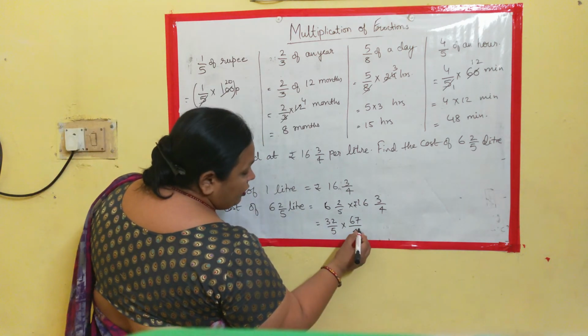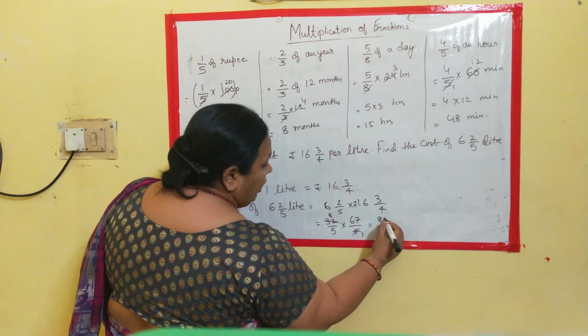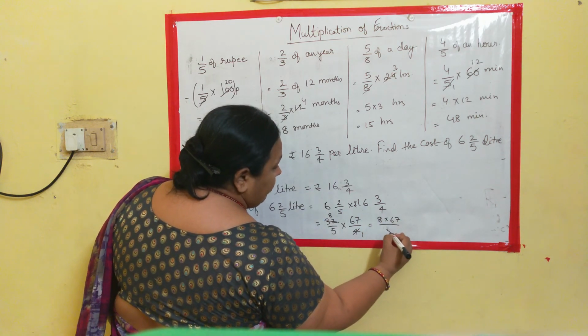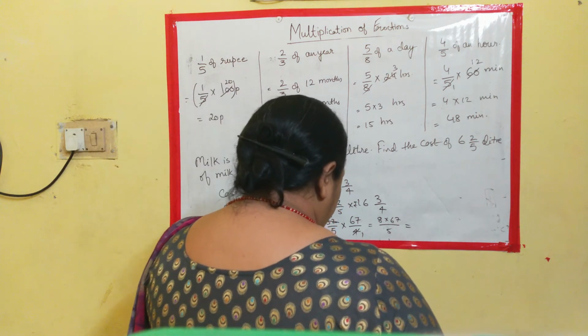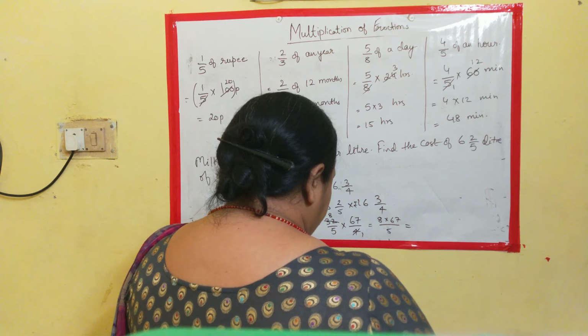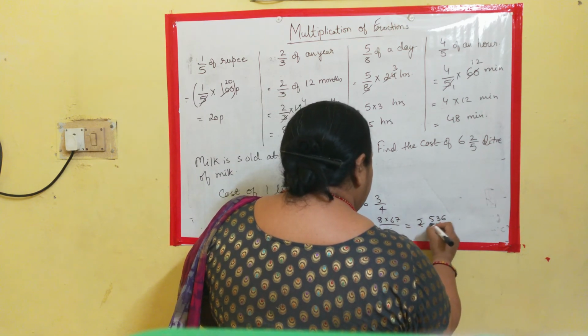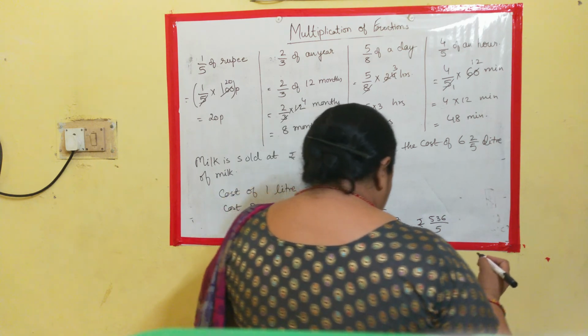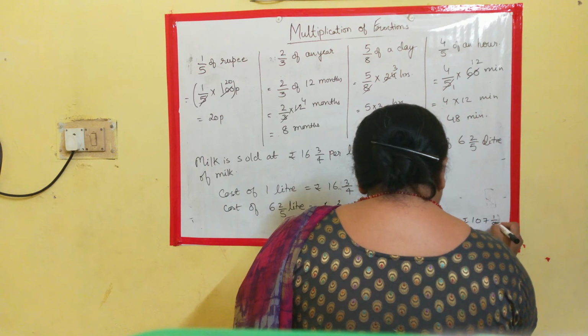Now, cancellation is possible. 4 ones are 4, 4 eights are 32. So we get 8 into 67 by 5, which on multiplication will give you 536 by 5, which is rupees 107 1 by 5.